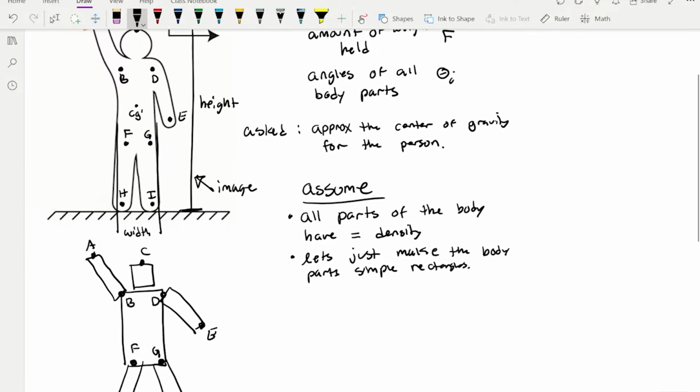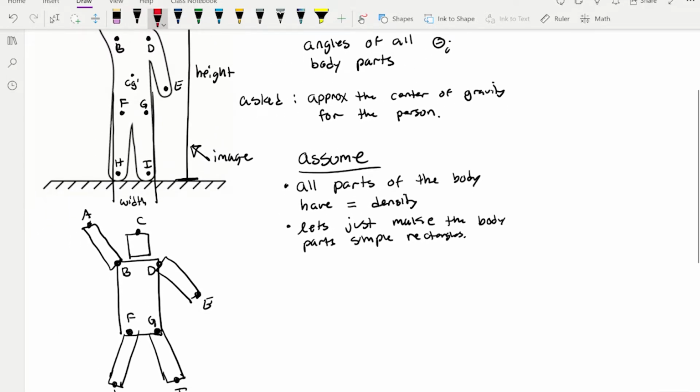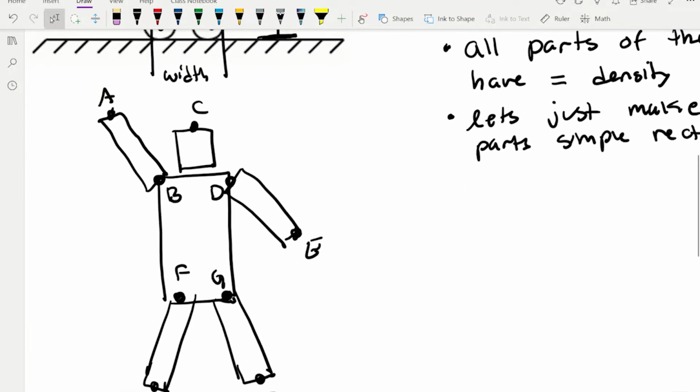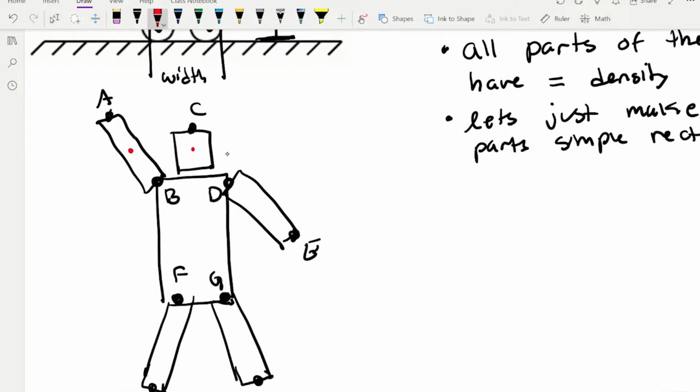Okay, so now let's talk about where the CG of all these rectangles has to be, right? So the separate CGs of each body part should be in the middle of these rectangles, right? So this is CG of AB, section AB. Gotta make another one. Let's call that J.